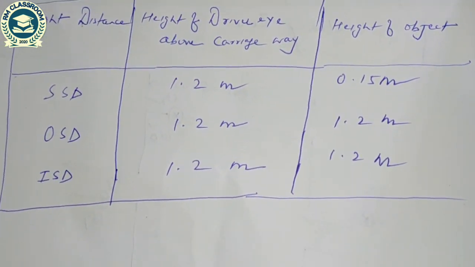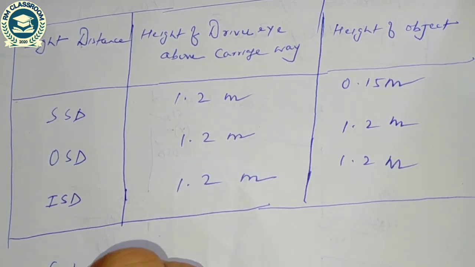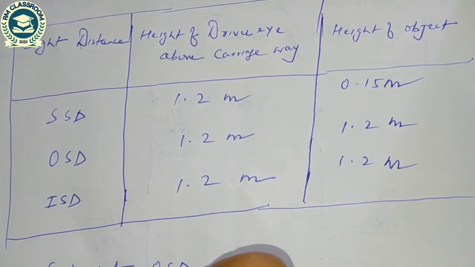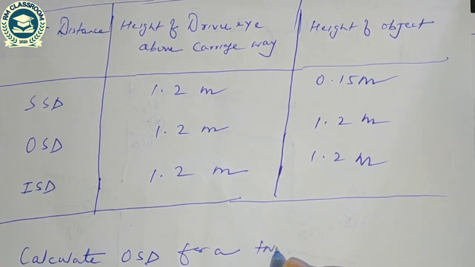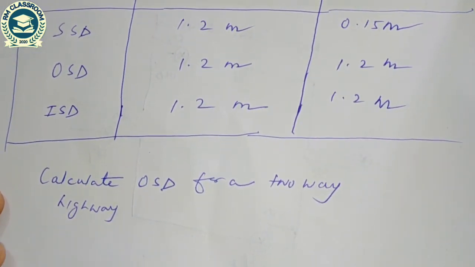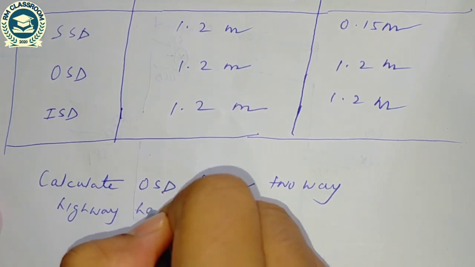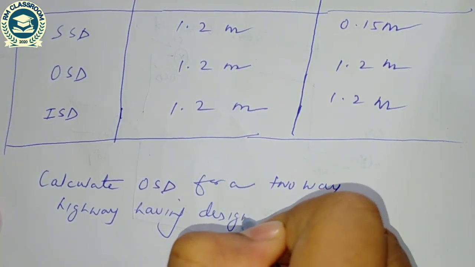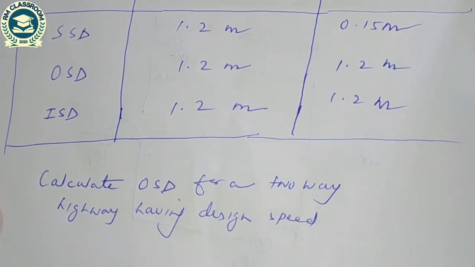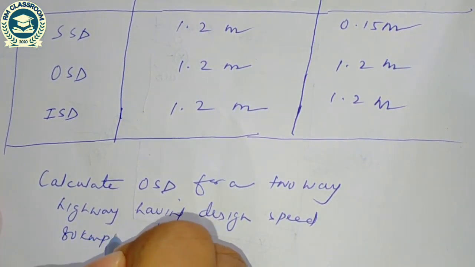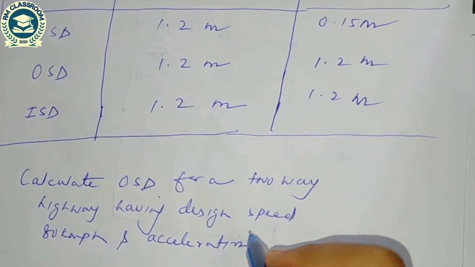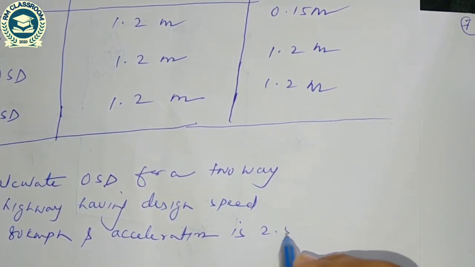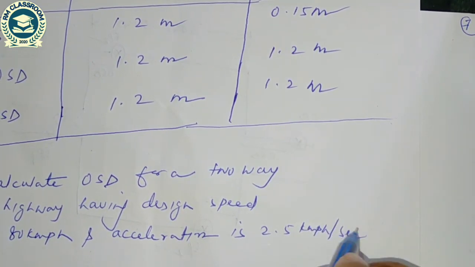So now I am going to take one problem. Calculate overtaking side distance for a two-way highway, having design speed 80 km per hour and acceleration is 2.5 km per hour per second.